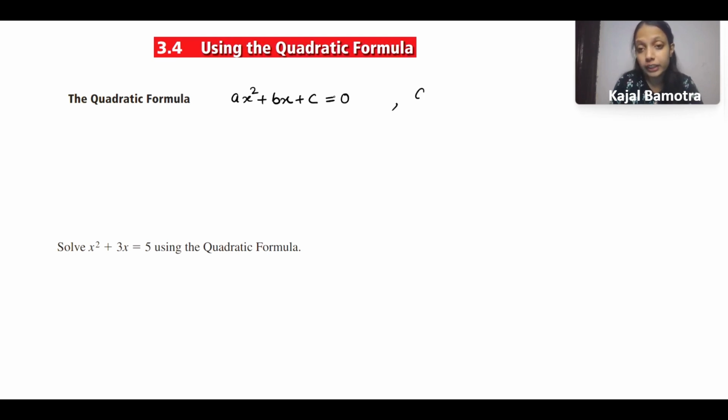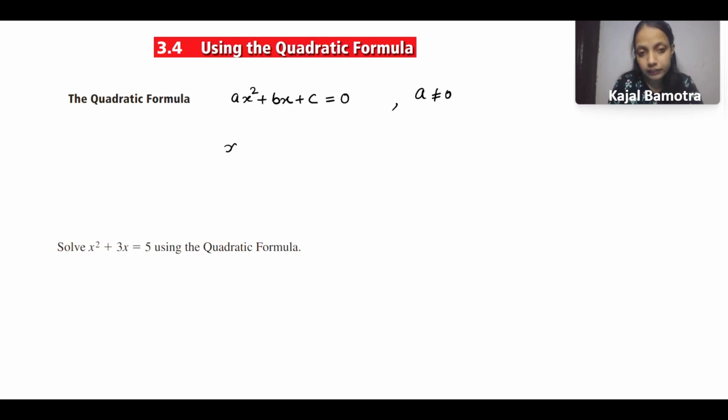And the condition is a non-zero. Why am I writing this condition? Because if a is 0, this is not a quadratic anymore. This coefficient is 0, so this term is missing, and this is a linear function now. To make it quadratic, the coefficient of x square must be non-zero.